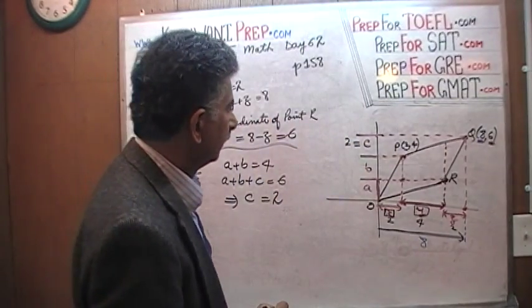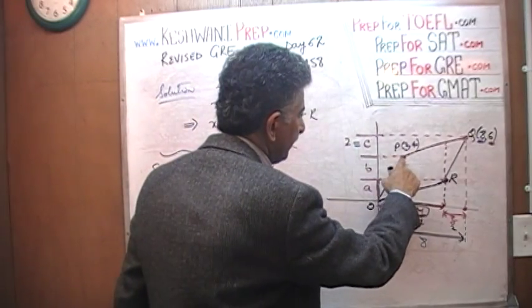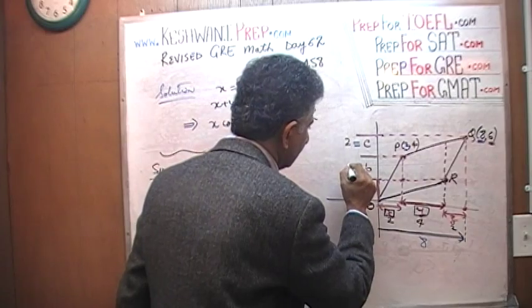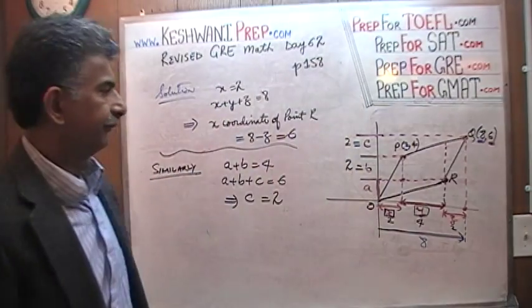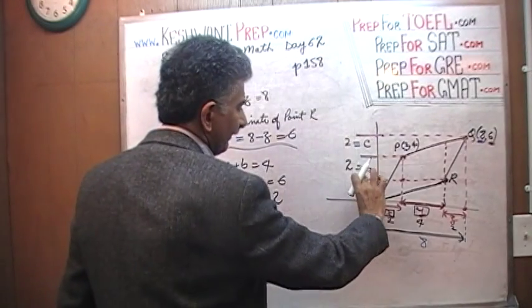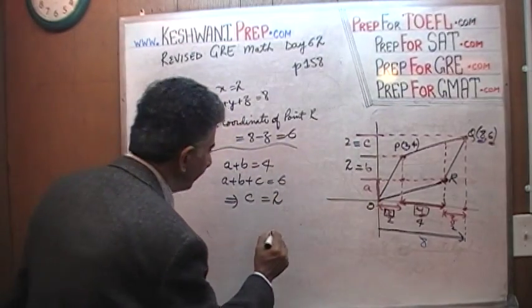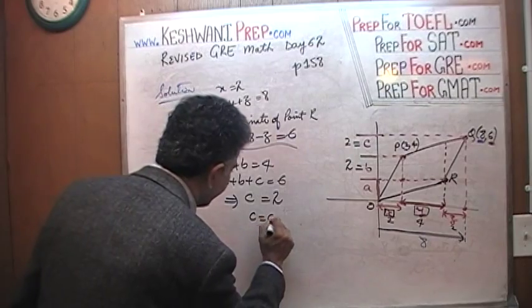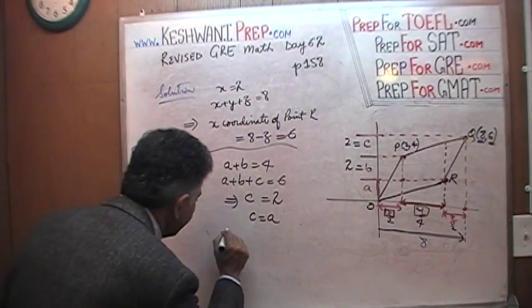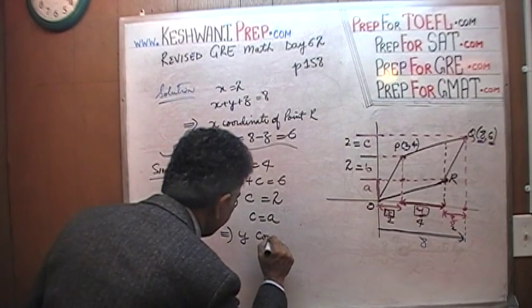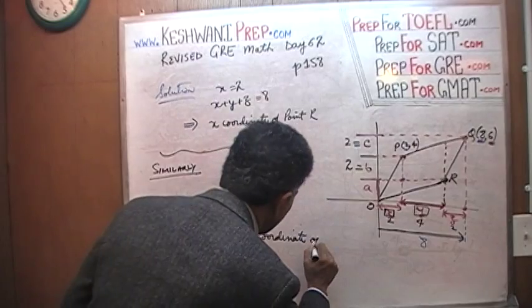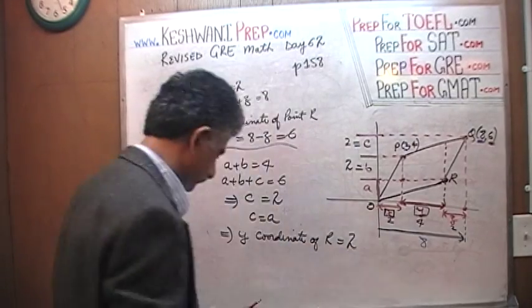And the y coordinate of P is 4, so up to here is 4, which means B must be 2. Because you see, C is the same as A. C equals A. Therefore, the y coordinate of R equals 2.